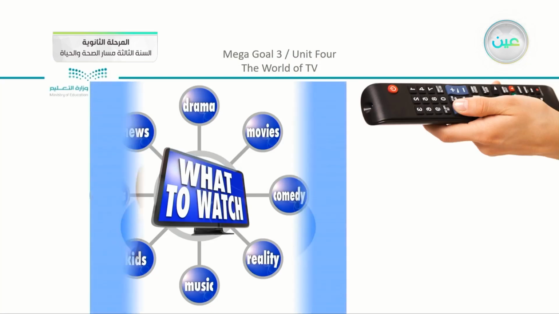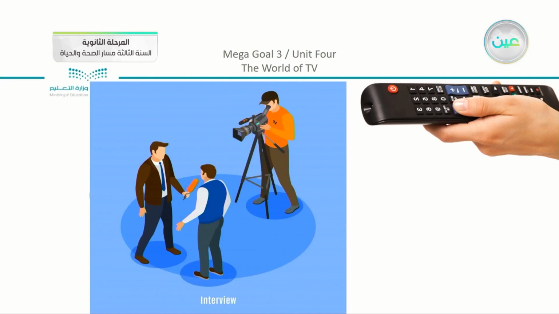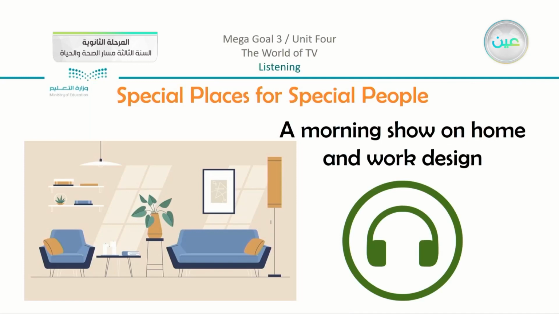Now, just to move on, there is going to be also some kind of interview. One thing also we can watch on TV are interviews, which is exactly what we have here in our second part, the second lesson, which is the listening lesson that we have in the book. Now, there is a title. We have here Special Places for Special People, which is a morning show on home and work design.